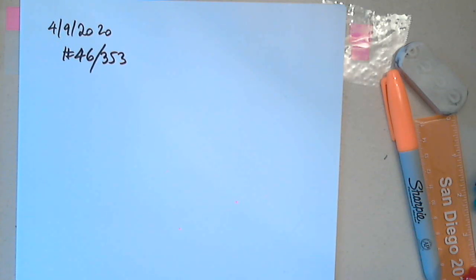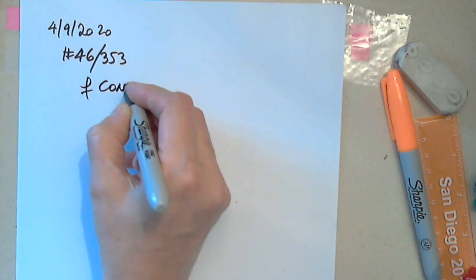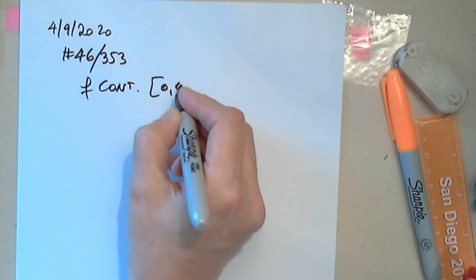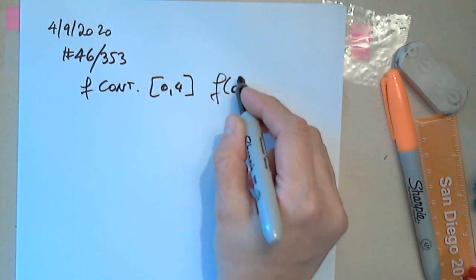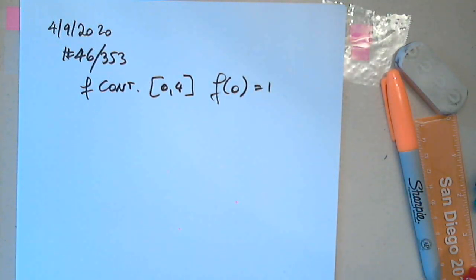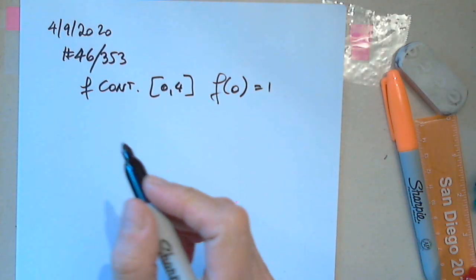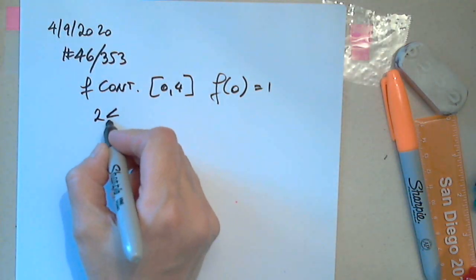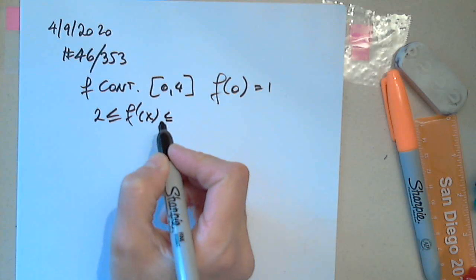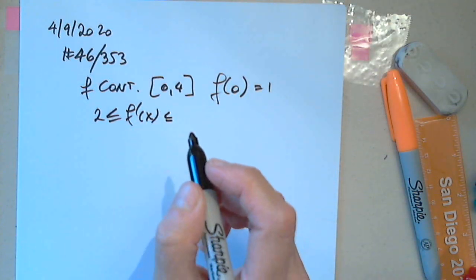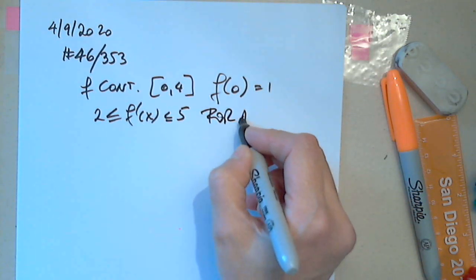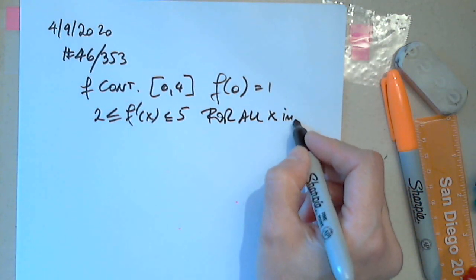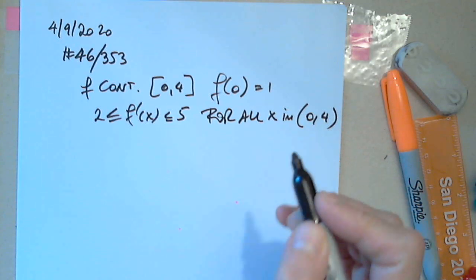Sorry. It's fine. Suppose that f is continuous on the interval 0, 4. We are told that f of 0 is 1. We are also told that f prime of x is bounded between 2 and 5 for all x in the interval 0, 4.